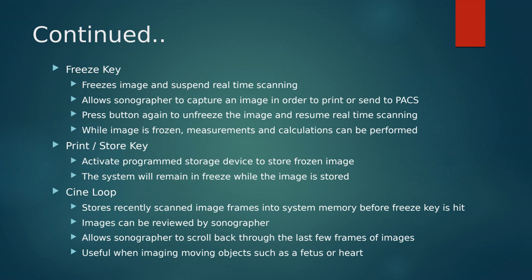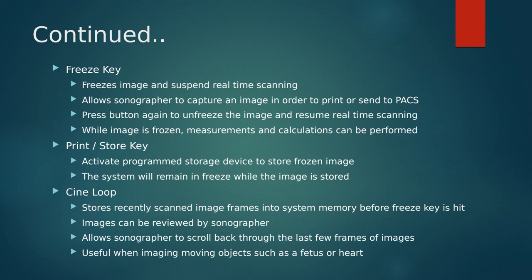Maybe we had to use our left hand for something else while we were scanning, like helping the patient or holding the patient. We can freeze and know that we can go back a few seconds and we would still probably be able to take that picture that we saw nicely for a very quick period of time.